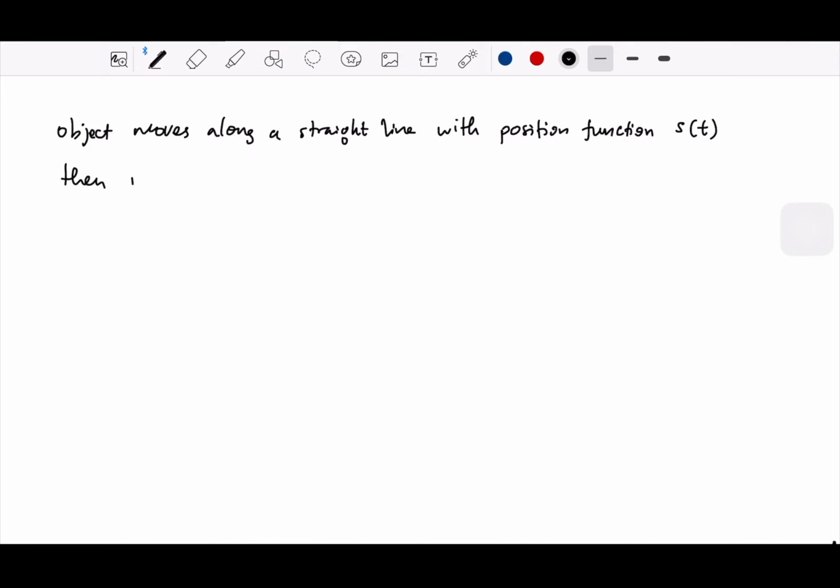Then its velocity v(t) equals s prime t, right? I think it's similar to physics, kinematics, right?